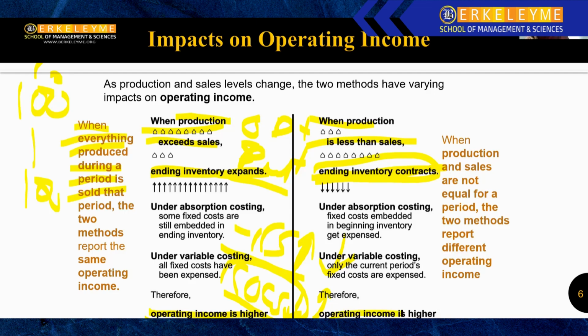So this is a good summary slide that can explain your concept of whether production exceeds or decreases. The main point is here, the closing stock. Closing stock is more, so cost of goods sold is less. If the cost is less, then GP is more, and vice versa.